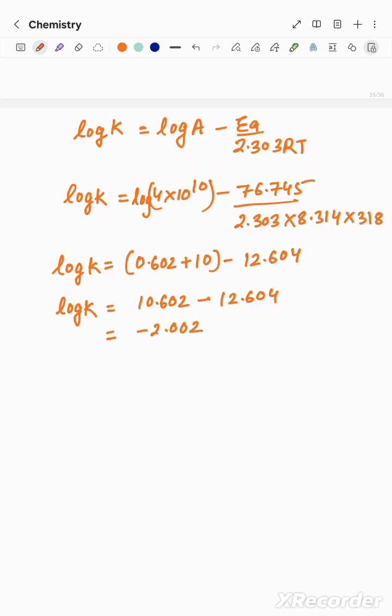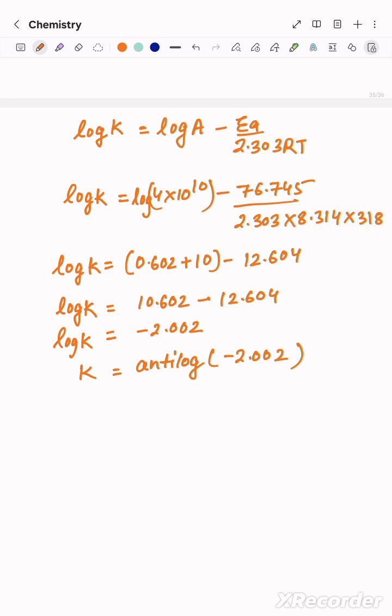Now this value is in negative sign, so we calculate the anti-log. So this will become K is equal to anti-log of minus 2.002.